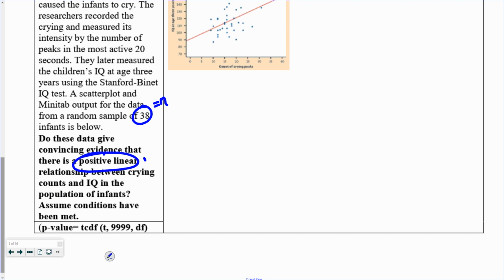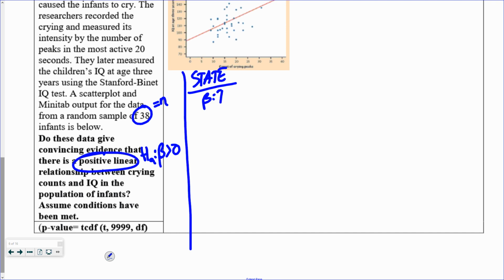All right, so we're going to have an alternative, Ha, of beta greater than 0. So we'll see how that ties back into things. So, state, plan, do, conclude. State. We're interested in beta, the true slope of the LSR line of cry count versus IQ.